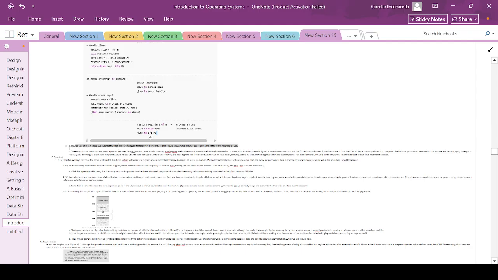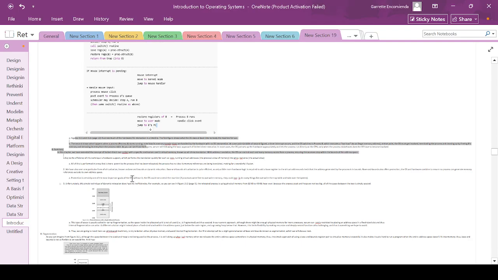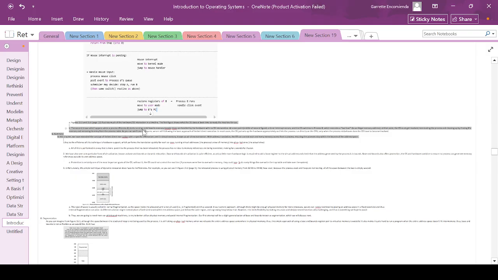Now figures 15.5 and 15.6, page 12, illustrate the hardware and OS interaction in a timeline. The first figure shows what the OS does at boot time to ready the machine for use. The second shows what happens when a process A starts running.